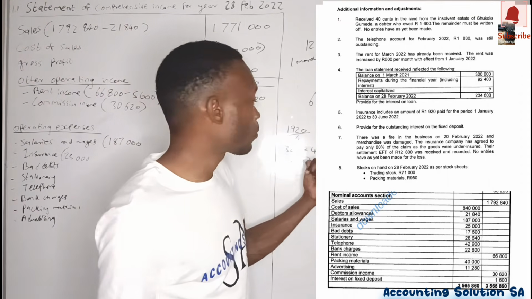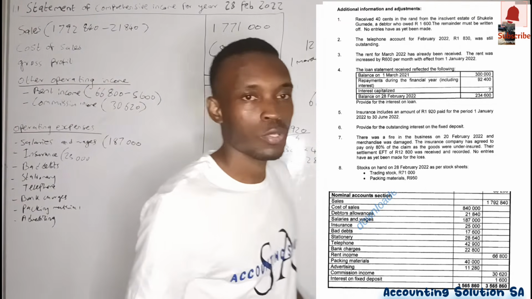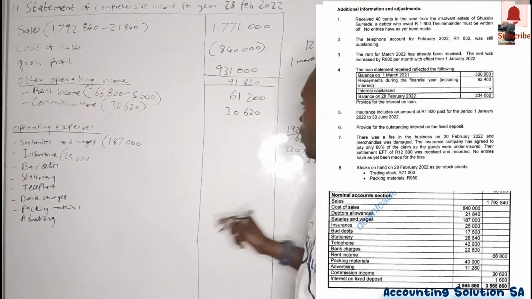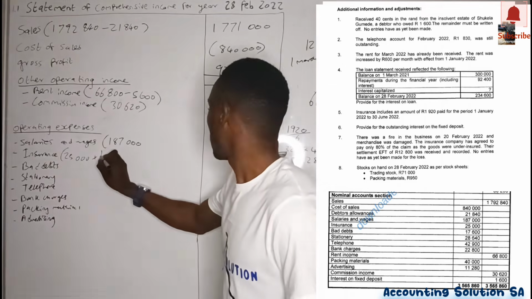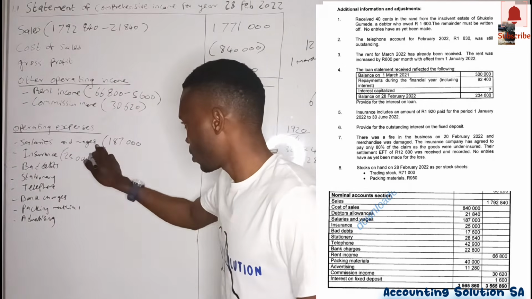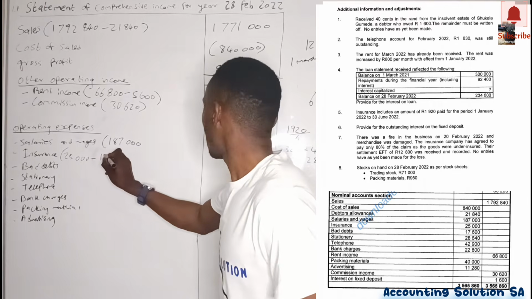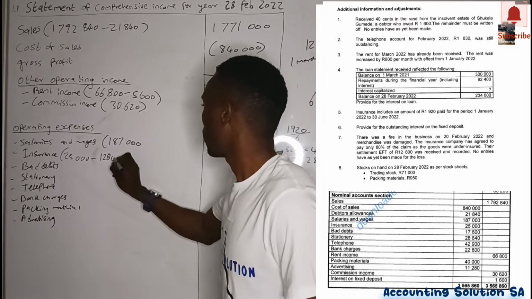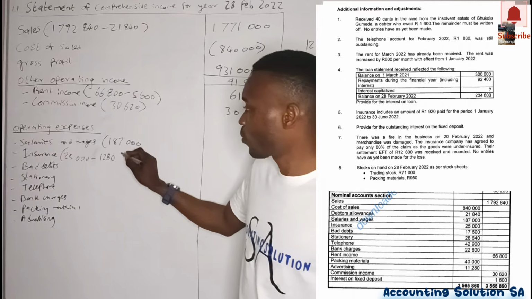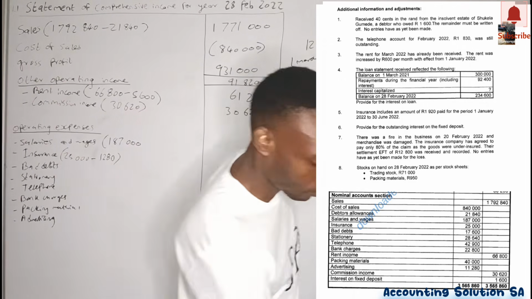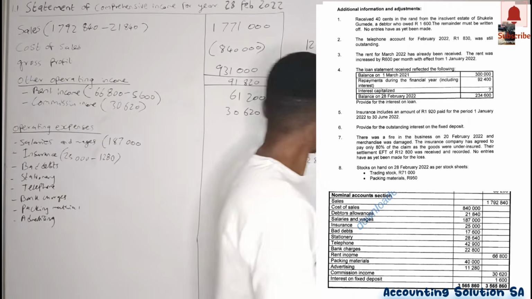So this is the amount that we are going to subtract because it's after 28 February. We subtract, guys, minus 1,280. We're gonna calculate the balance after. Okay, now let's take the next one.